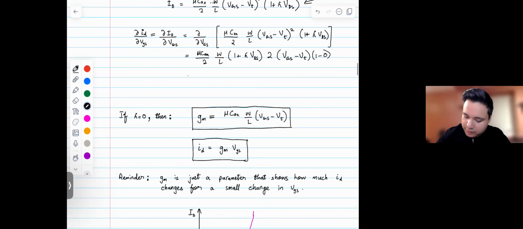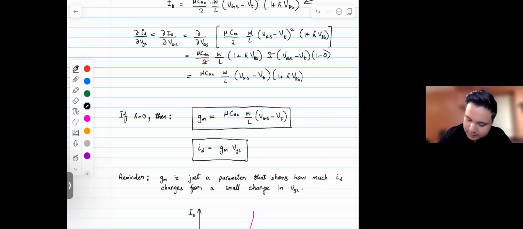So that's the derivative, and these 2's will cancel out, and then we have mu Cox, W by L, VGS minus VT, 1 plus lambda VDS, right?